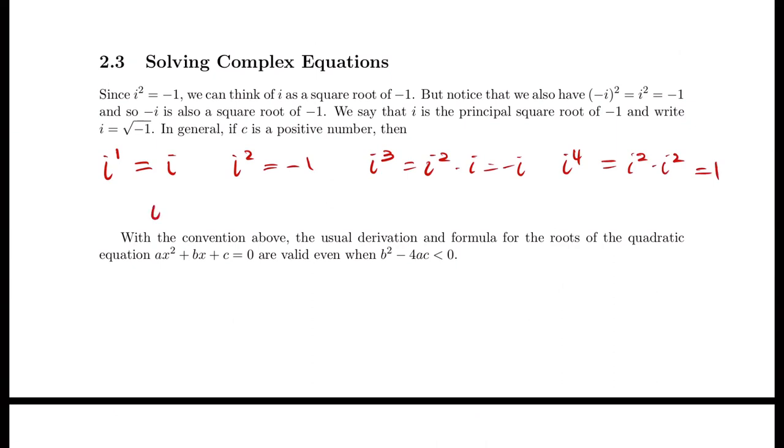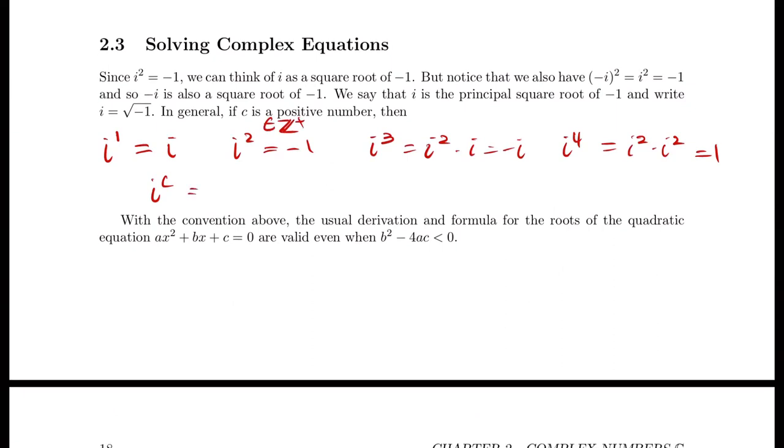So if c is actually a positive integer, then we could have 4 different options here. Note that i to the power of 4 is also the same as i to the power of 0.